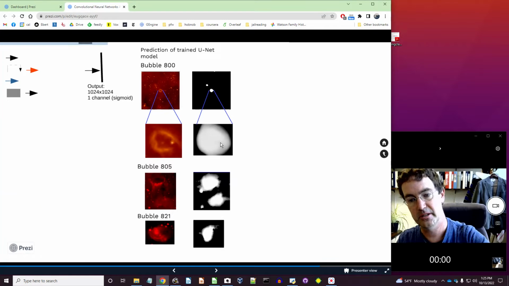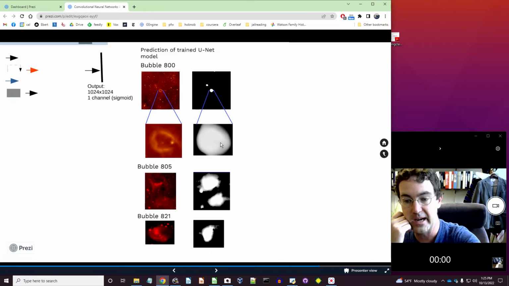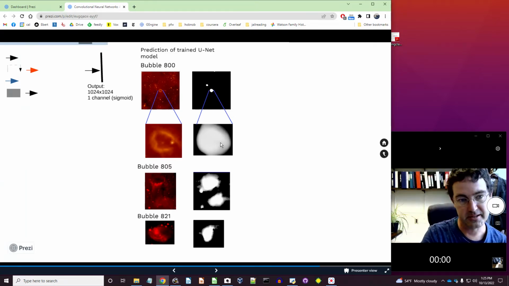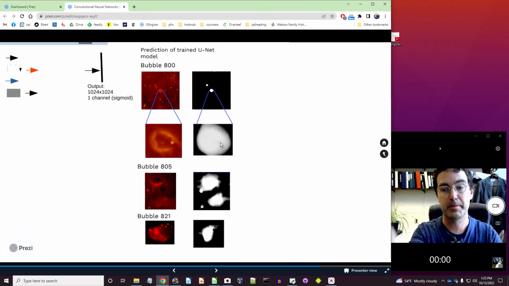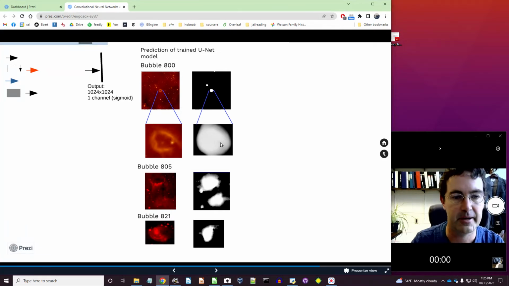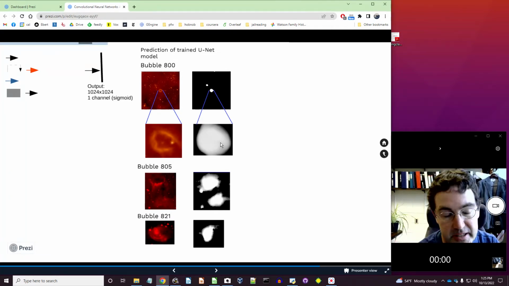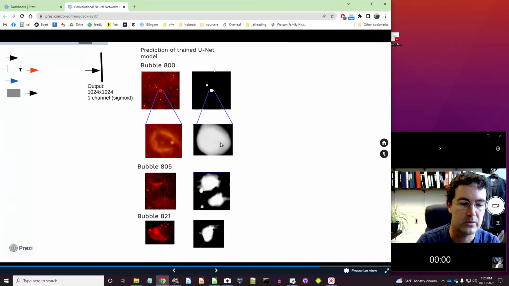And then the result from the trained model, the grayscale, is the probability. In the center, it's well limited to being in the bubble. And outside of that, in the large frame, it's a bunch of black zeros indicating it's not in the bubble. You can see something similar for bubble 805, which is 2 bubbles in the same frame, and bubble 821.